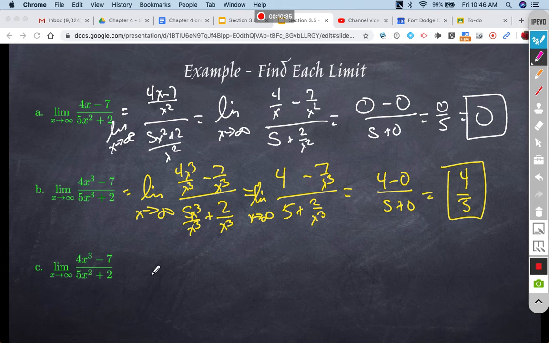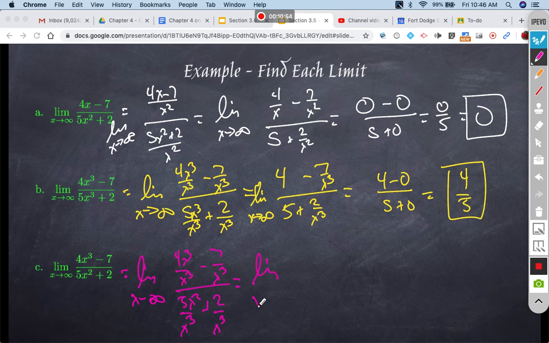Last one, my highest power again is x to the third. Four x to the third over x to the third, 7 over x to the third, 5x squared over x to the third, 2 over x to the third.